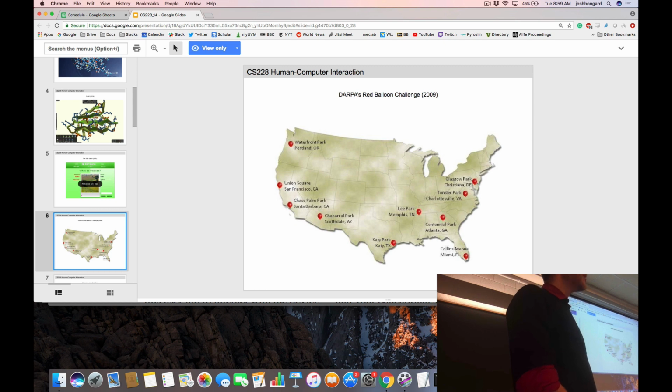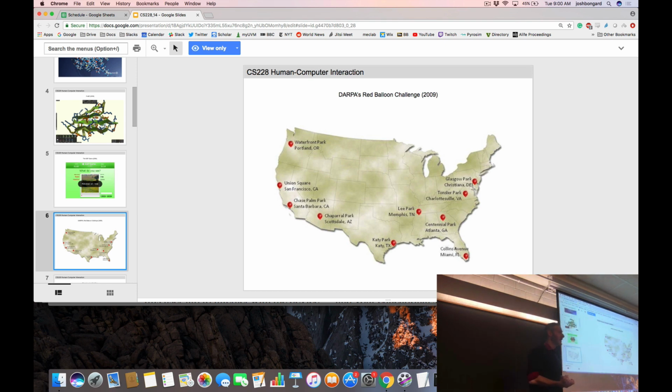And they promised that they would award the winning team $40,000. So whoever could find the 10, or report on the GPS locations of these 10 balloons would get the $40,000. So all or nothing game.